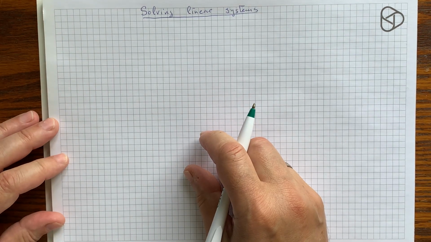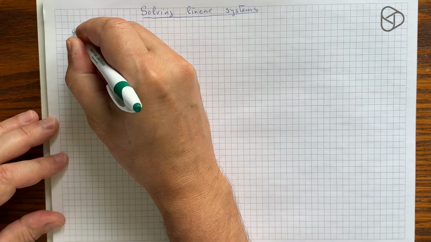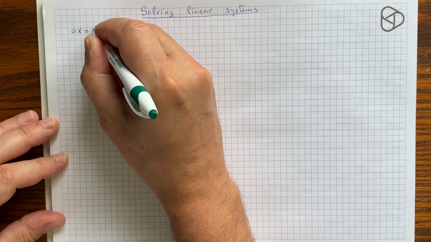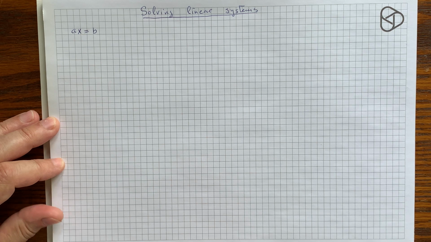The easiest such will be just one equation with one unknown. And being linear, it will look like that. But even this simplest one shows all the ramifications one could have solving linear systems.